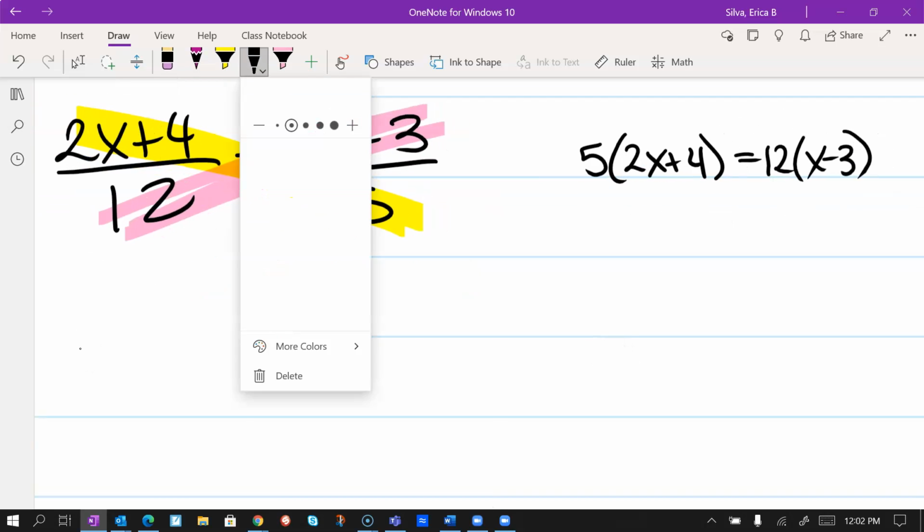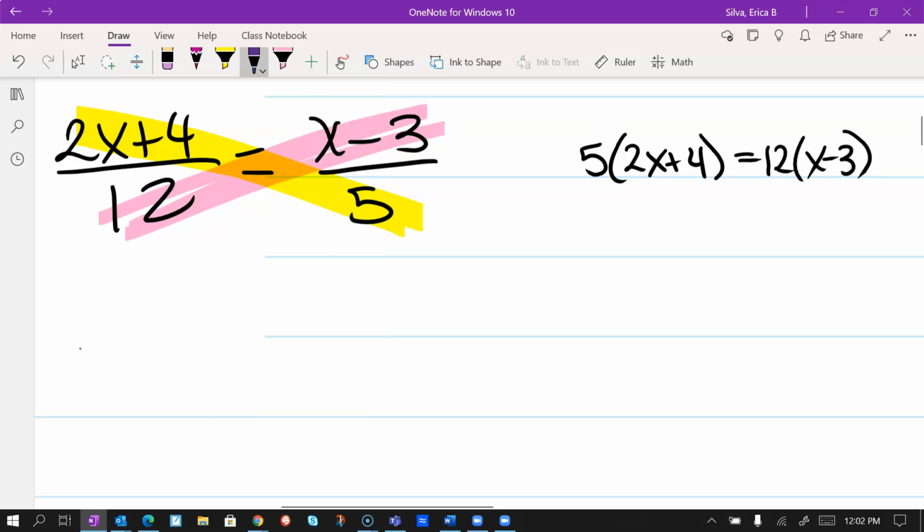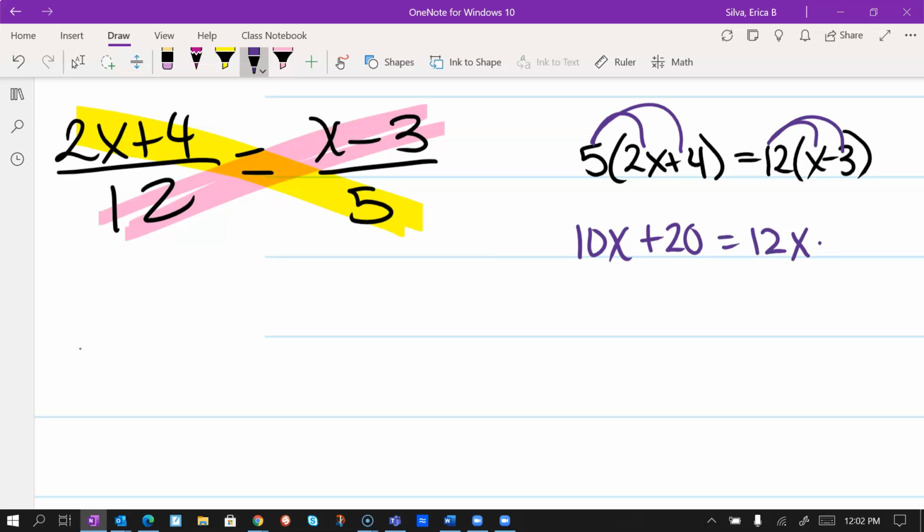And because we have parentheses, we're going to distribute. We've got 5 times 2x, 10x, 5 times 4, 20, 12 times x, 12x, 12 times negative 3, negative 36.